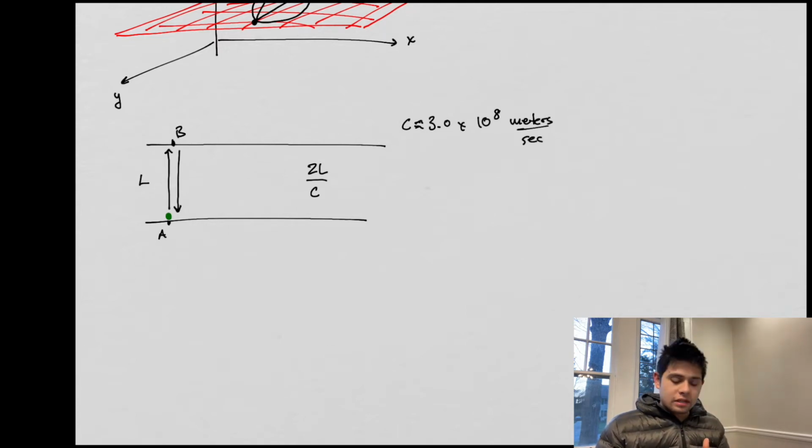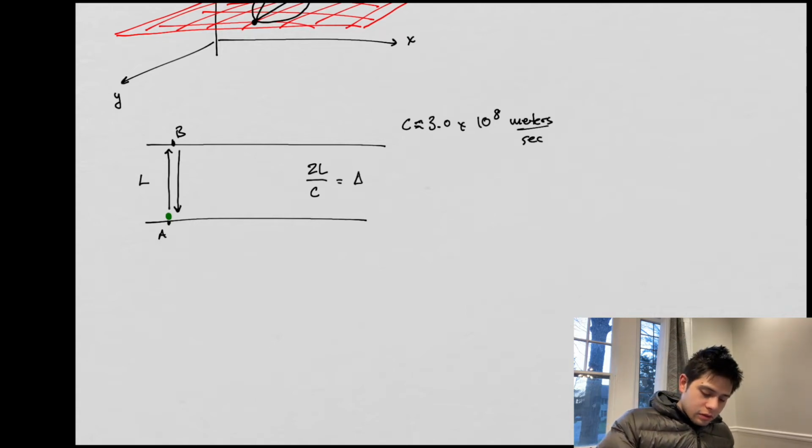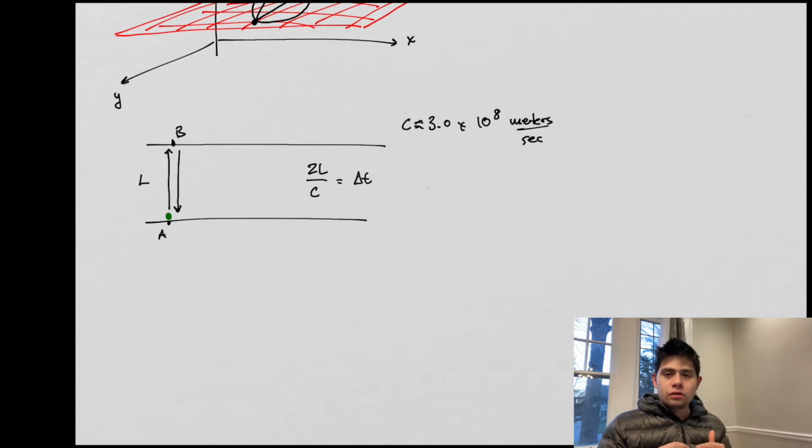Now, this is the speed of light. This is the time it takes for the light particle to go from point A to point B and then back to point A, right? Without it moving in the x direction. So we'll call this delta t_s, where subscript s is the amount of time it takes for the light to travel between two mirrors.